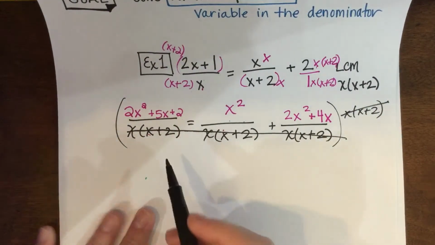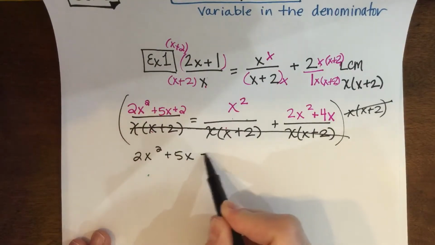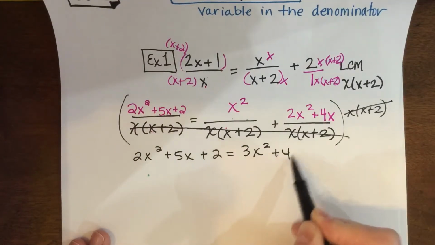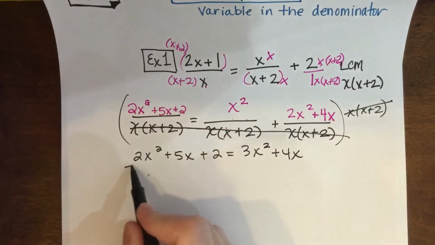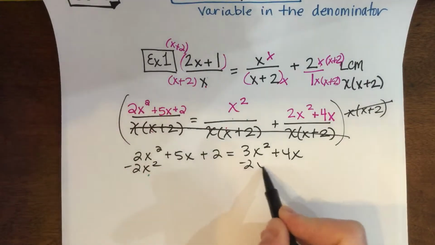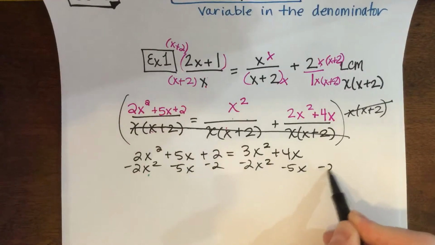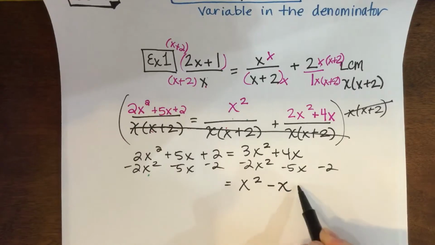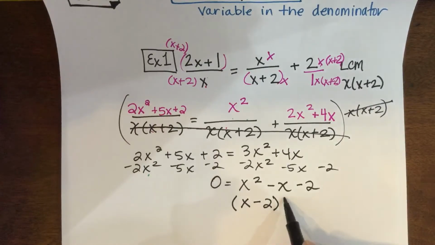So I'm now left with this quadratic equation of 2x squared plus 5x plus 2 equals 3x squared plus 4x. So now I'm able to go ahead and solve this. So I have it set equal to 0, and now I can factor it.